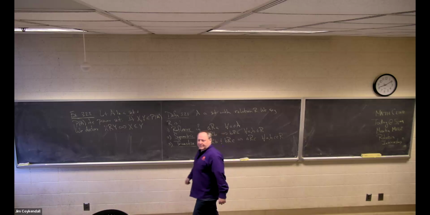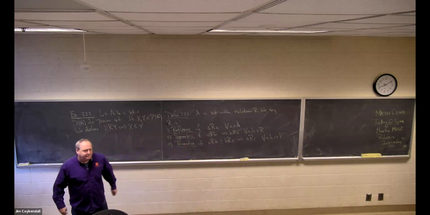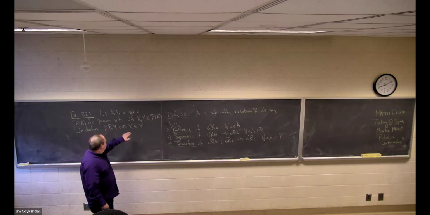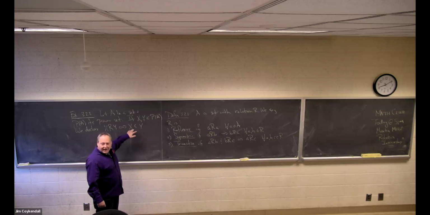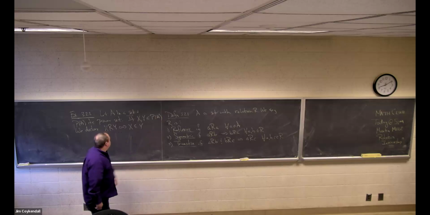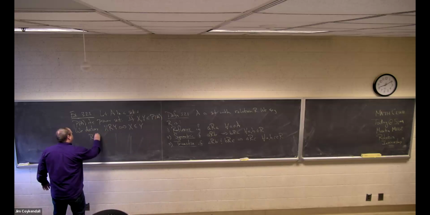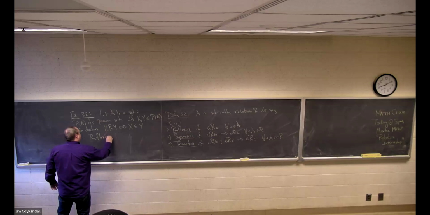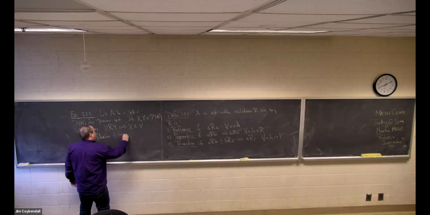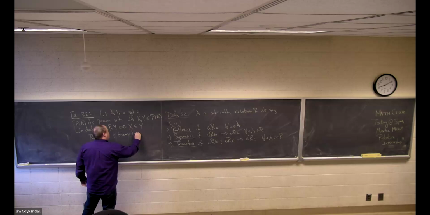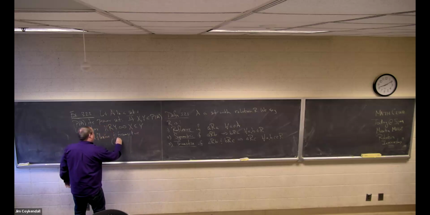Is it transitive? It actually is, because if X is contained in Y and Y is contained in Z, isn't X contained in Z? So this one is actually reflexive and transitive, but it's not symmetric.